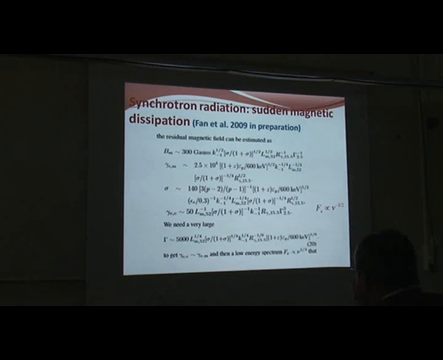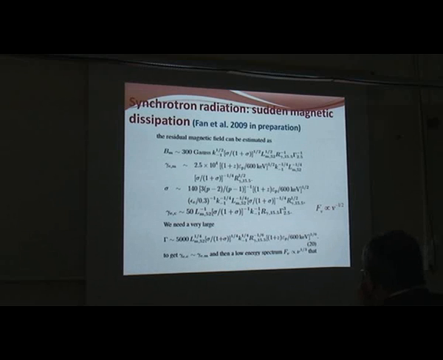Let us do it right now. We just assume a single phase of the magnetic energy has been dissipated. So the strength of the residual magnetic field can be estimated like this. Yeah, kappa is of order 0.1. So about a 0.9 fraction of the energy has been dissipated.